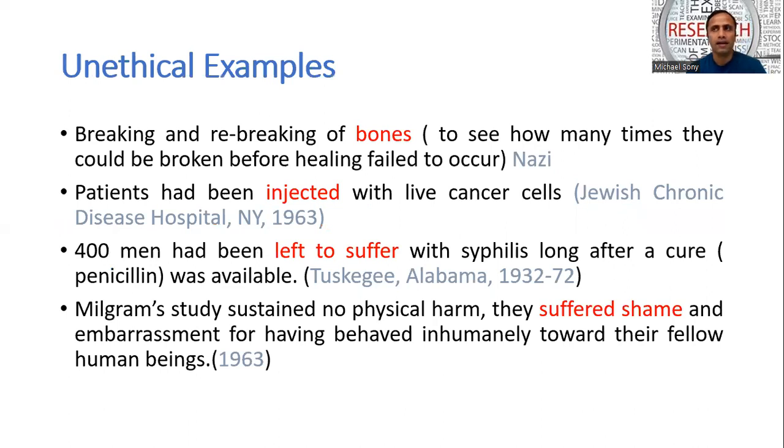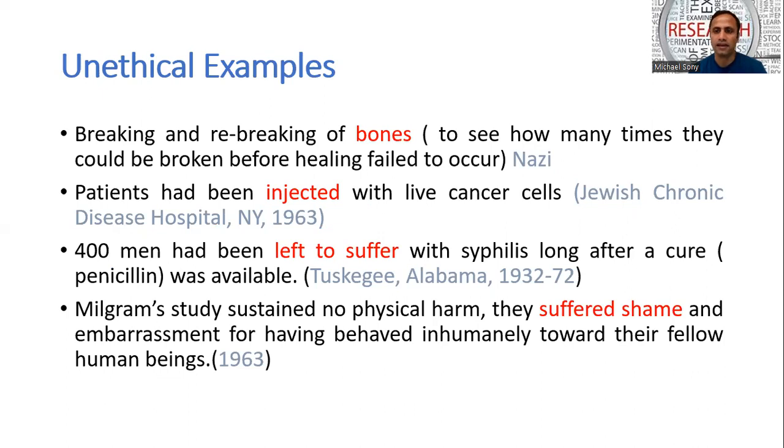There are some unethical examples by which research was conducted. Take, for instance, breaking and re-breaking of bones, which was conducted during the Nazi rule in order to see how many times the bones could be broken before they could heal.